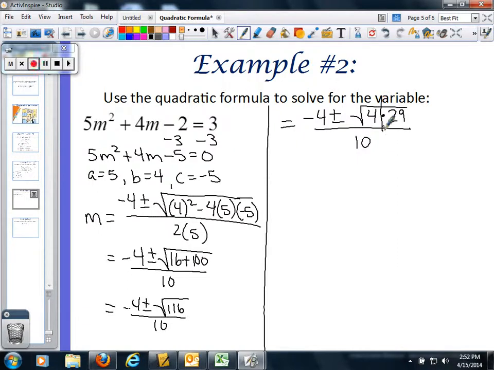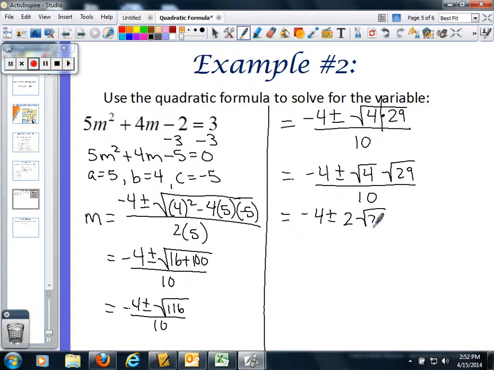I can split it here, so this gives me negative 4 plus or minus the square root of 4 times the square root of 29 over 10. This is going to be negative 4 plus or minus the square root of 4 is 2, square root of 29 over 10.